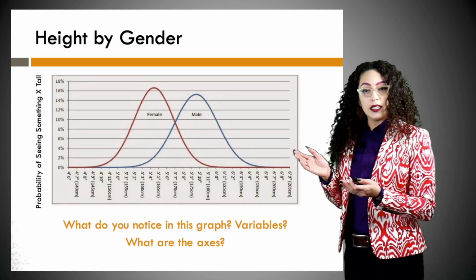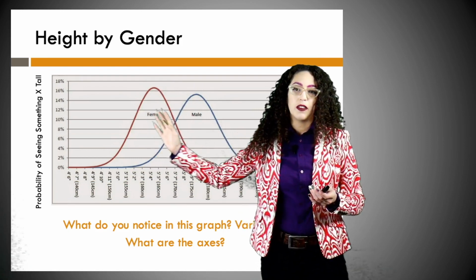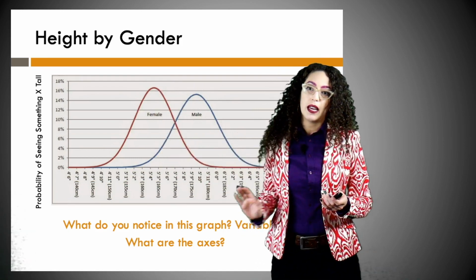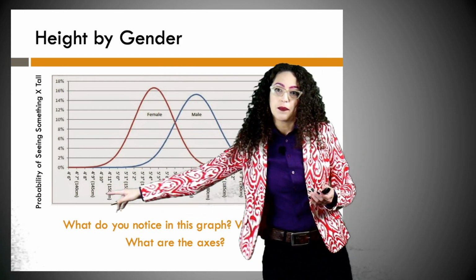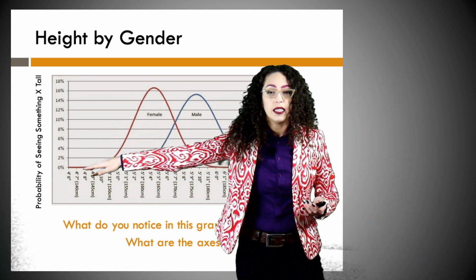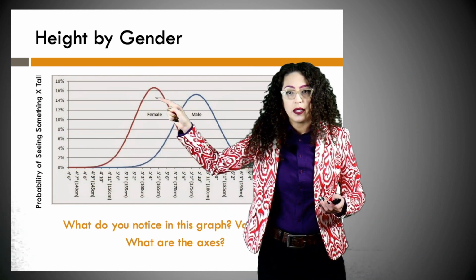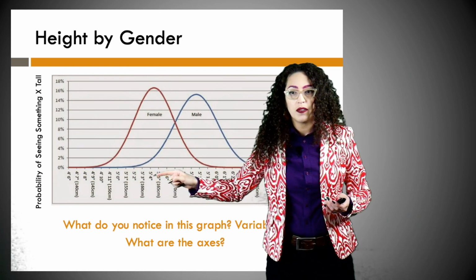So here we see another normal distribution. Right here in red is the females, in blue is the males, and this is a distribution of height. We're looking at all the different types of height here. And again, this is the probability of observing, let's say, a woman who is about 5'4", 5'5".